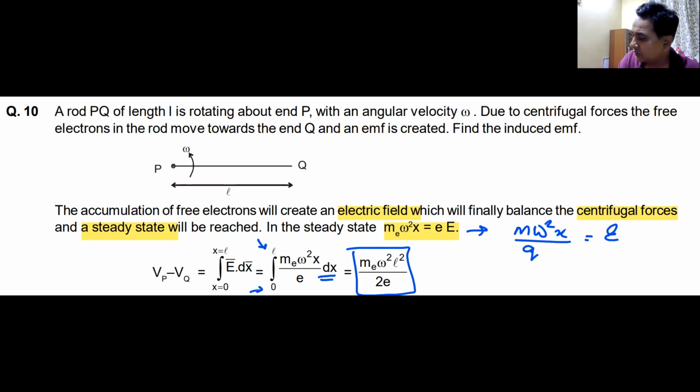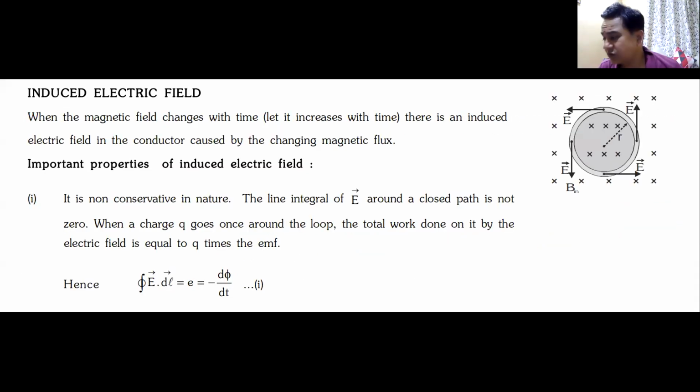Let us move on to the next topic. And the next topic is what happens if you don't have anything moving? If you don't have anything moving and you place a coil in a magnetic field and you just vary the magnetic field with time, then also an EMF is induced in the coil, and this induced EMF is explained by the concept of induced electric field.